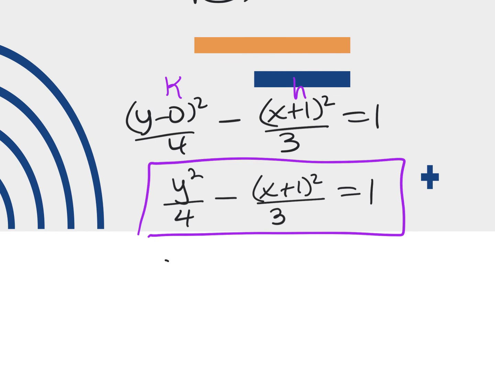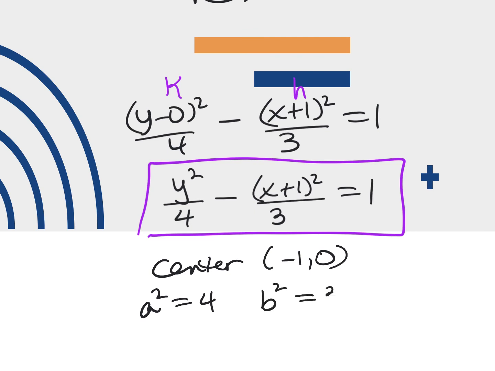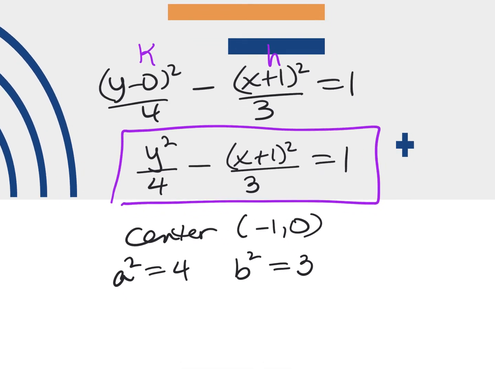So I have my center at the ordered pair h and k up there, negative 1, 0. Now, remember, in the hyperbola, a squared is always first. So my a squared equals 4. My b squared equals 3. I need to also find c squared, and I use the formula a squared plus b squared.